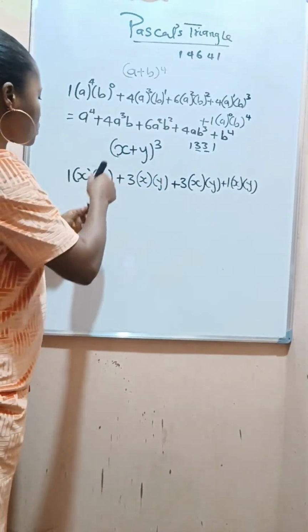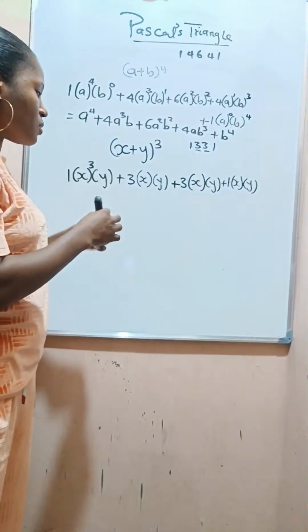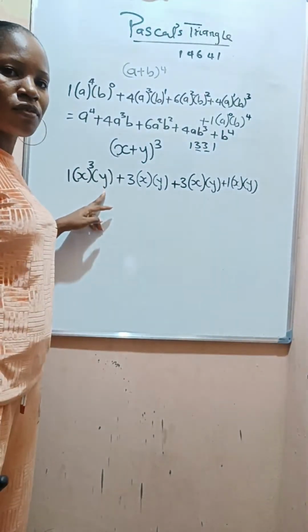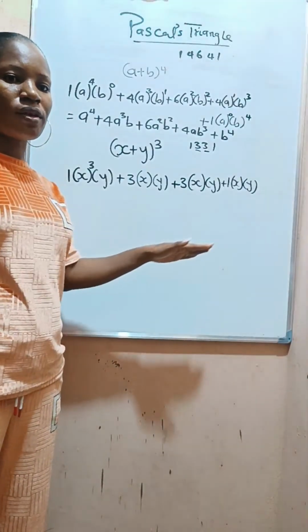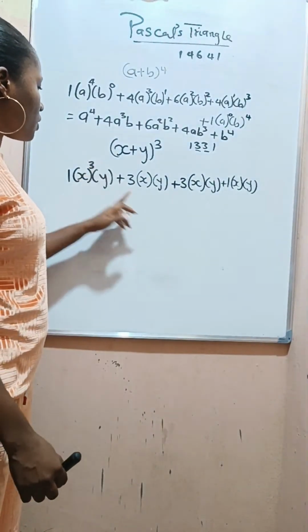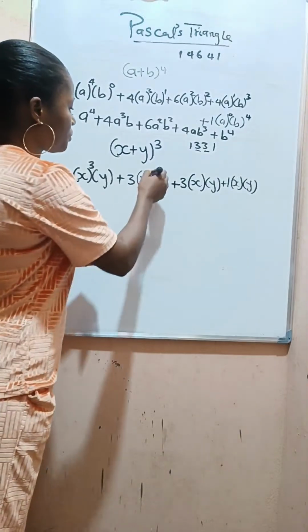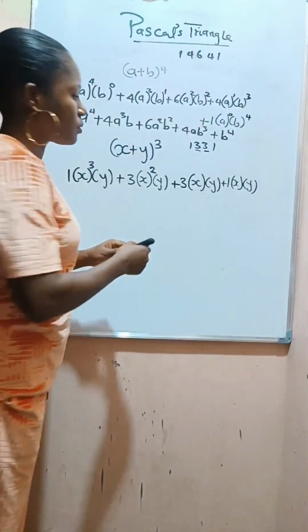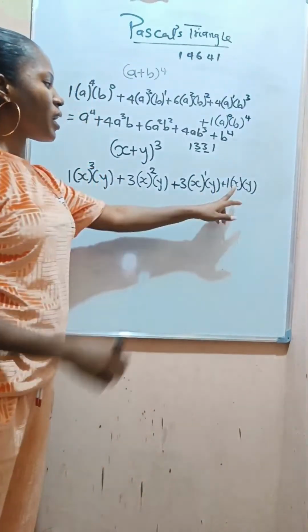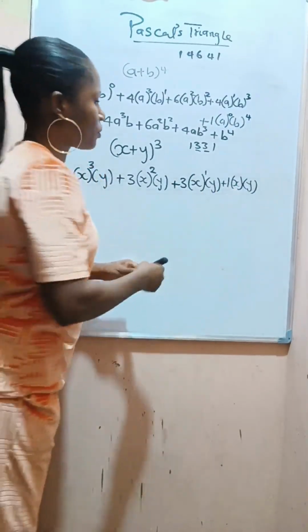So I'll have x to the power of 3. Like I said, you can leave the other one first, just keep going down. So I have x to the power of 3, this should be x to the power of 2, this should be x to the power of 1, and this should be x to the power of 0.